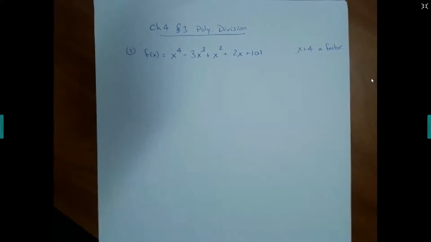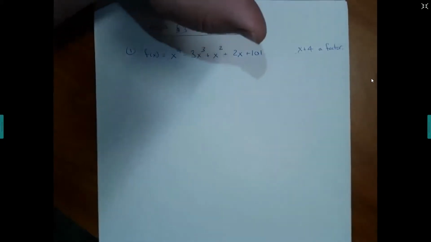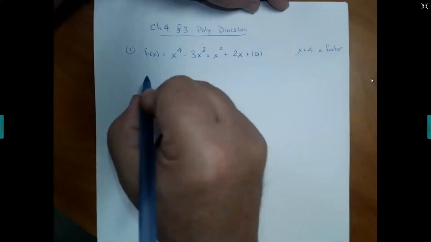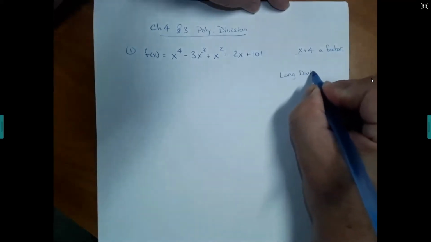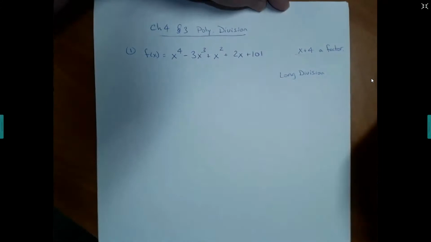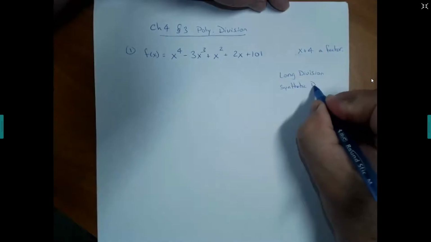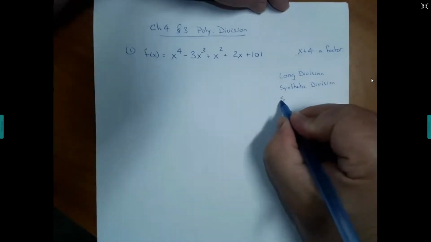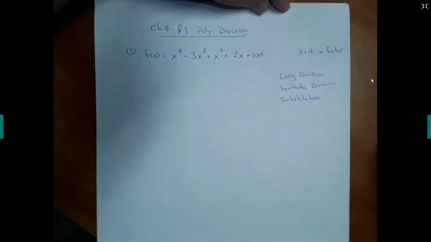There are 2 ways we can determine this. Well, 2 basic ways, and one of them could be 2 other ways. We can use long division, we can use synthetic division, or we can use substitution.